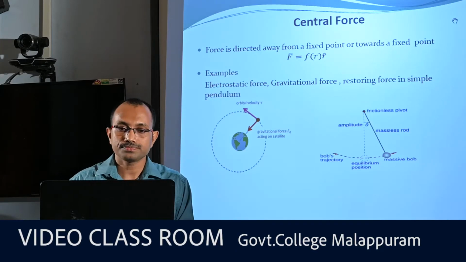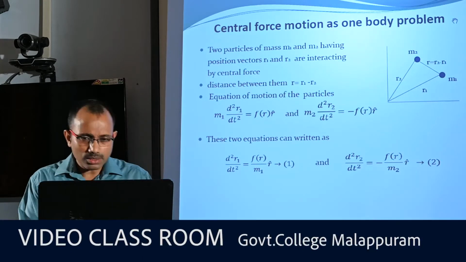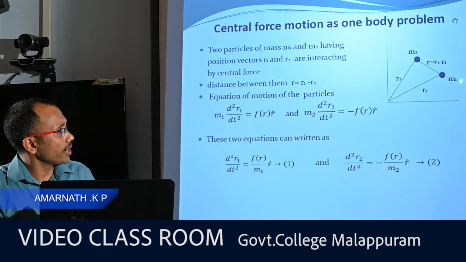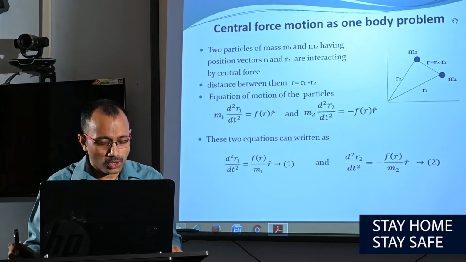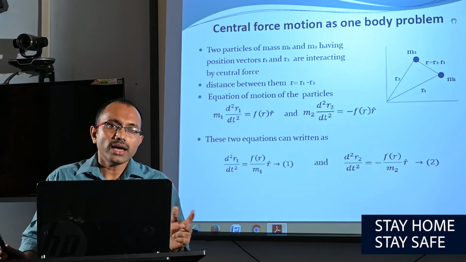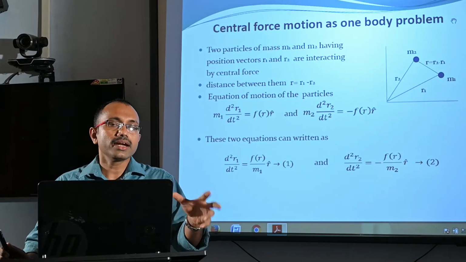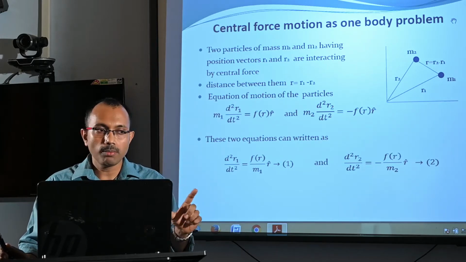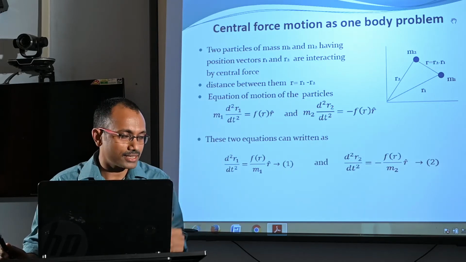Suppose we are discussing the force between two bodies, one particle of mass m1 and another particle of mass m2. When discussing two bodies, there are more equations. In 3-dimensional motion, for one particle we need 3 equations: one in x direction, one in y direction and one in z direction.